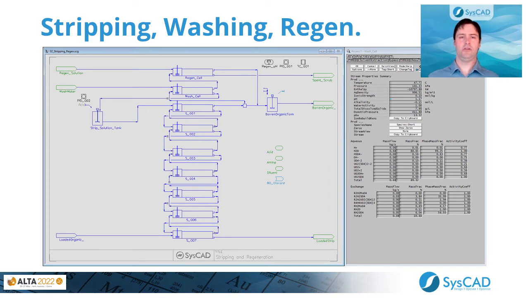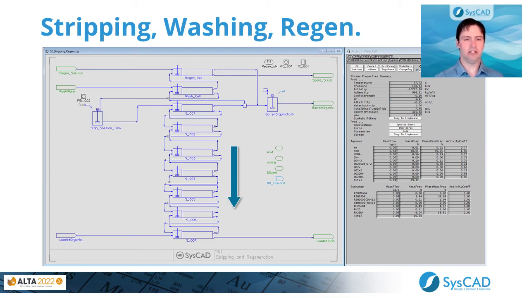Next, we look at the stripping, washing, and regeneration circuits. In this particular case, we have 7 stripping cells that we used. Now, the loaded organic is introduced at strip cell 7, and it moves up the page to strip cell 1. And as it goes through, it is contacted with strip solution. The strip solution on the other side is introduced at strip cell 1 and goes down.